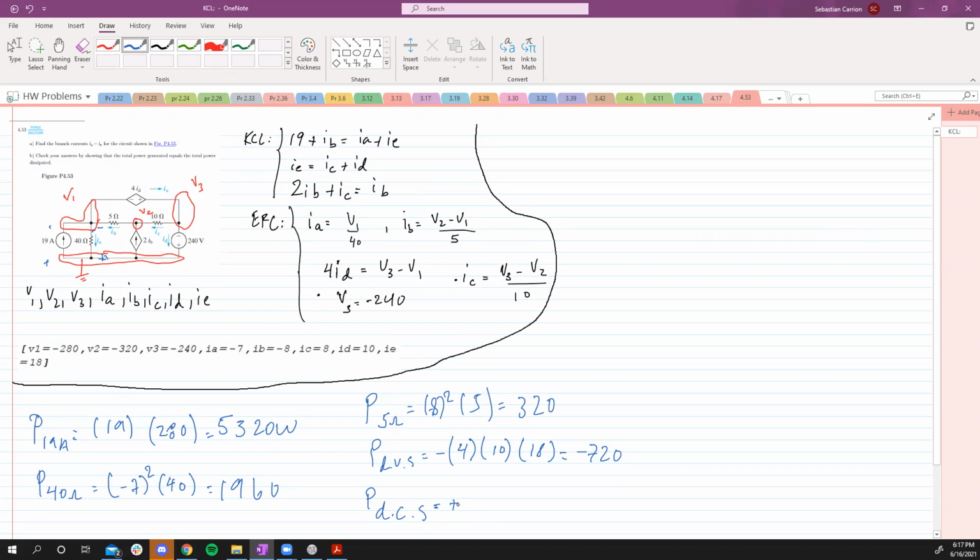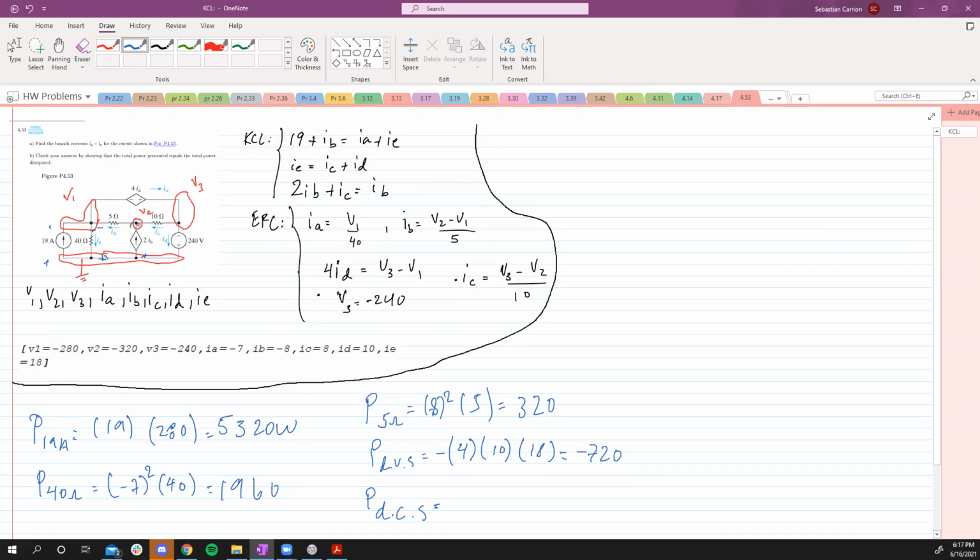Positive here, or it's actually, since E2, yeah, this would be negative. This is lower potential here.